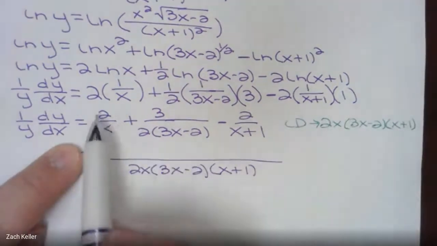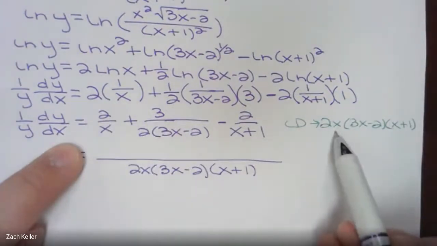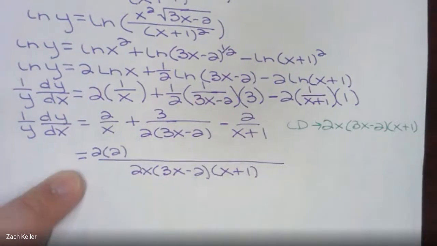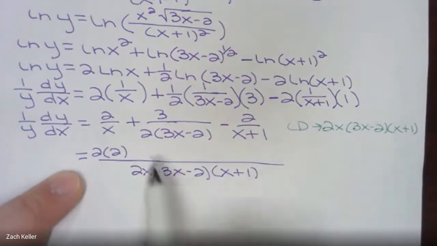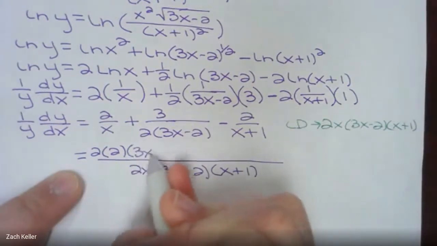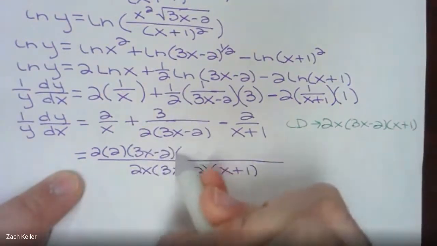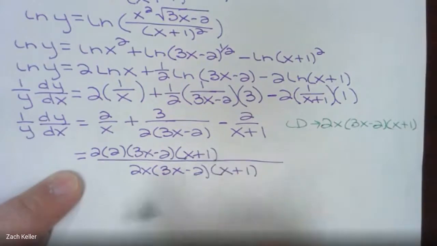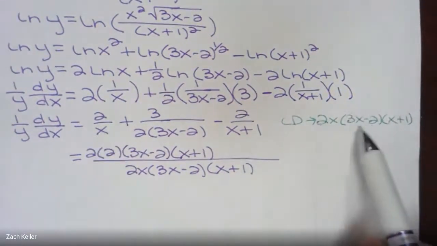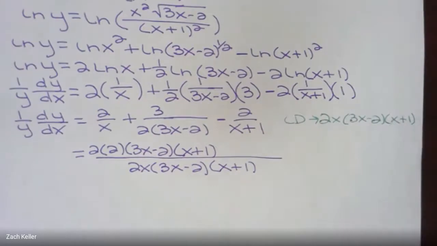So I'm going to take 2 times everything except for the x part. This is going to be 2 times the 2. I'm writing it all out. You could do the 2 and 2. Since I already have the x, I don't include the x. I need to include the 3x minus 2, and I need to include the x plus 1. So that's just my first fraction. I only had an x in the denominator, so I had to multiply by the 2, 3x minus 2, and x plus 1.